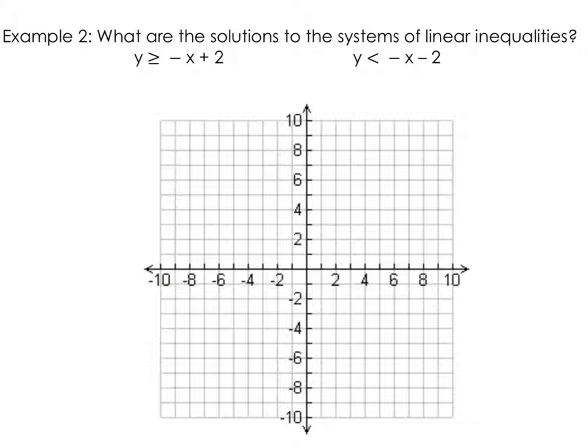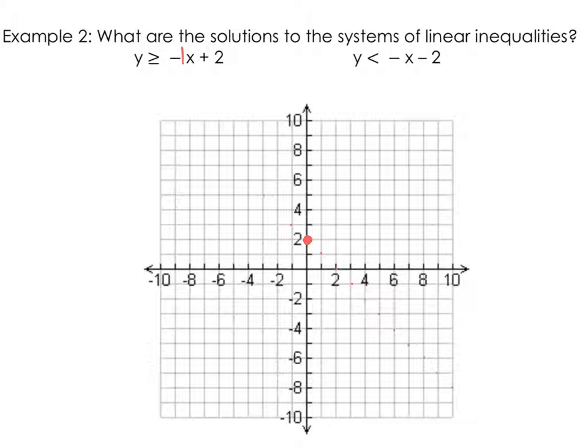Example 2. We need to graph again. So we're going to start off by graphing y is greater than or equal to -x plus 2. So when I go to graph this, I'm going to begin at +2. And I'm going to go down 1, right 1, as far as I can go. Once I run out of room, I'm going to go up 1, left 1, as far as I can go.